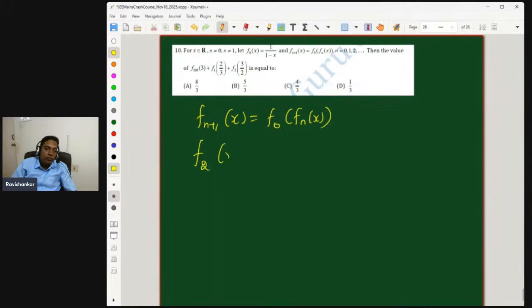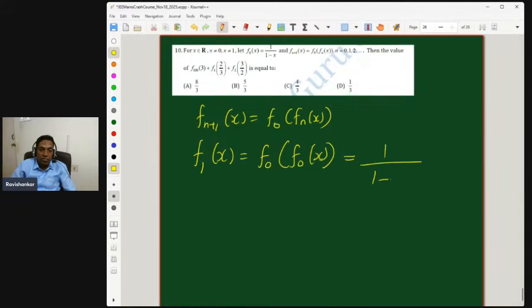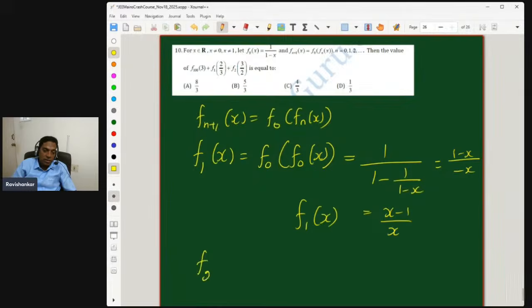So f1 of x is equal to f naught of x. f naught of x is given as 1 by (1 minus x). 1 by (1 minus 1 by (1 minus x)), which is nothing but (1 minus x) by (minus x), which is nothing but (x minus 1) by x. This is f1 of x.